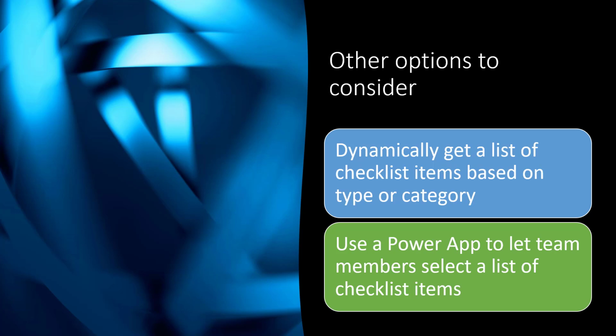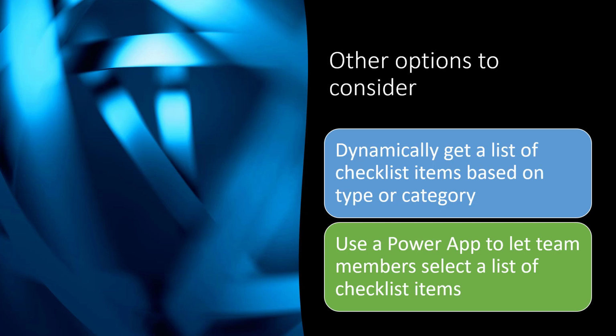In that Power App, you would have a form where they see the task that was created, and then they see a gallery of various checklist items where they can select to add that checklist item to that task.